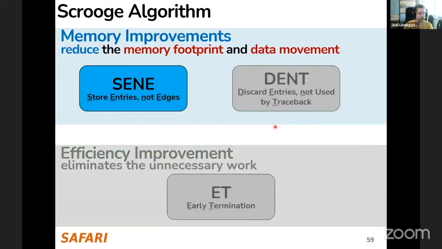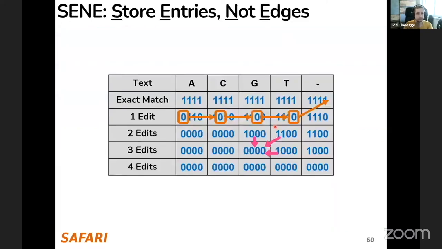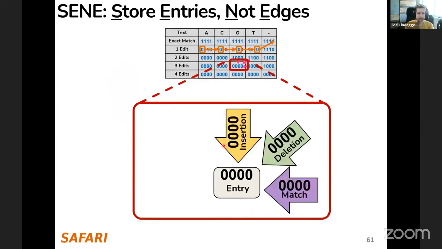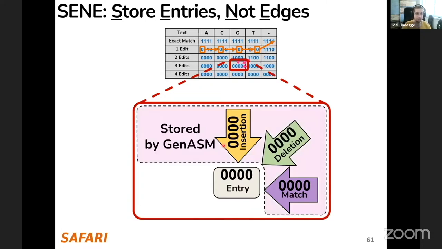So Sene stands for store entries not edges, and it comes from the observation that if you look at the single entry over here, what's actually stored by GenASM is not one of these entries, but rather the 3 edges that produced 3 out of the 4 edges that produced this entry. So there are really 3 edges that are stored by GenASM to then be able to trace back where a given 0 came from in here.